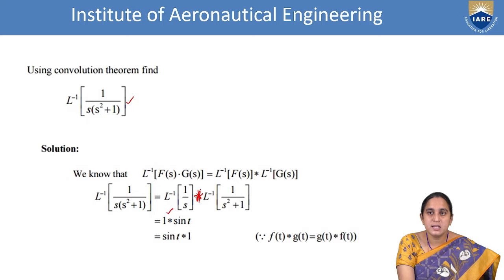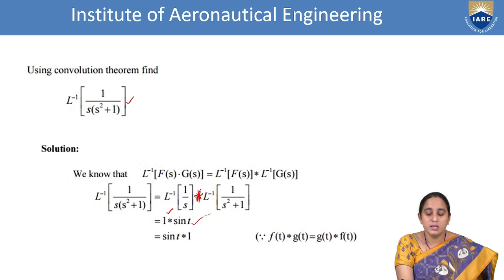That is directly here a is equal to 1. For that case directly formula sin t. Therefore Laplace inverse of 1 by s star Laplace inverse of 1 by s square plus 1 is equal to what? 1 star sin t. Simply I'll write that as sin t star 1.